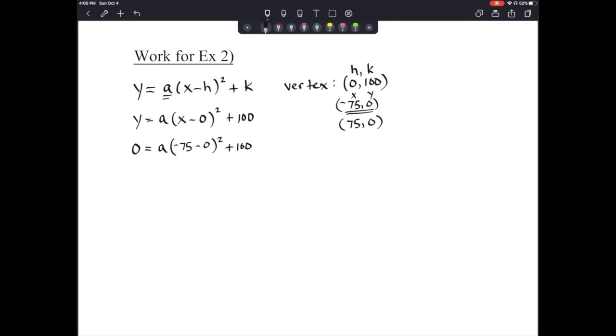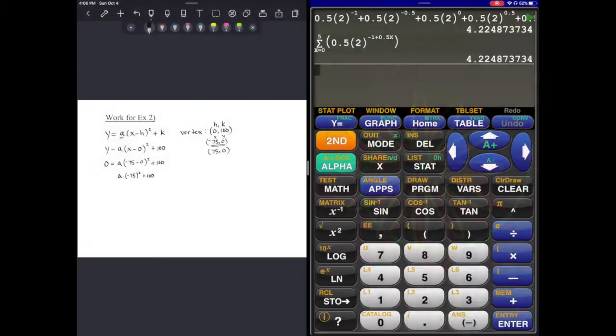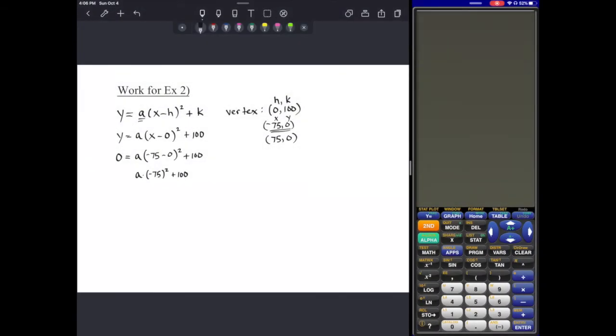All right, so this is going to end up being a times negative 75 squared plus 100. If we need to do negative 75 squared, let's grab out a calculator. Clear that out, and let's just do negative 75 times negative 75.